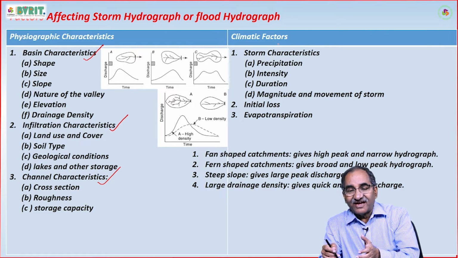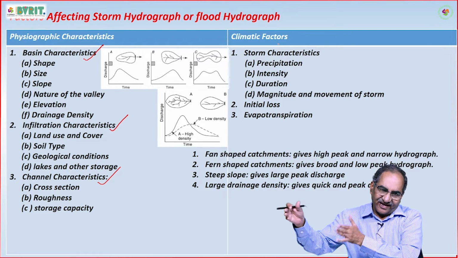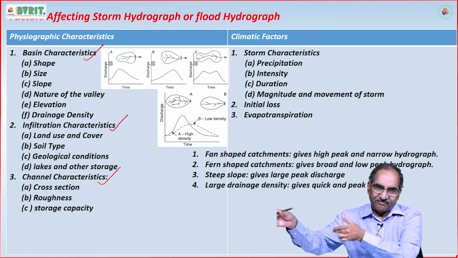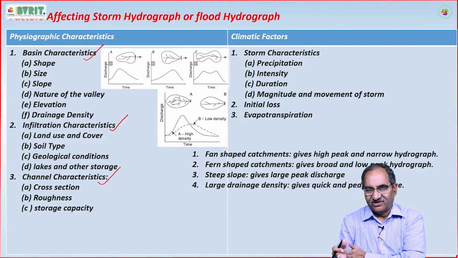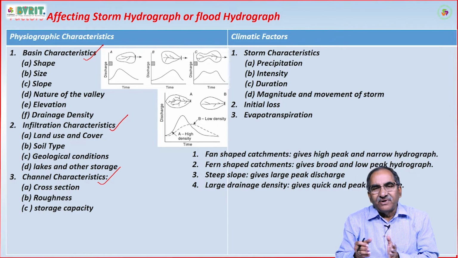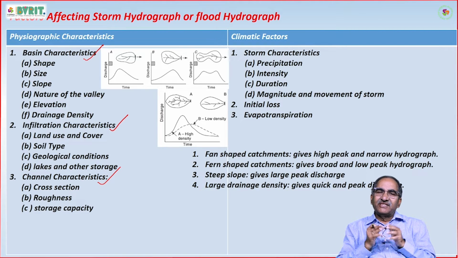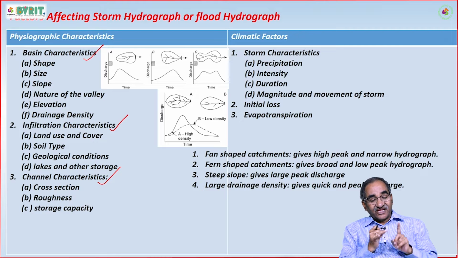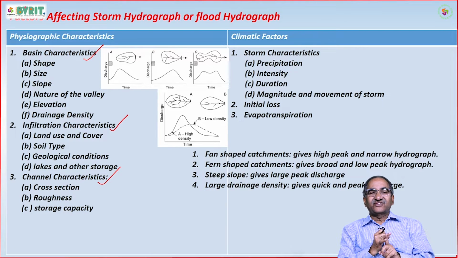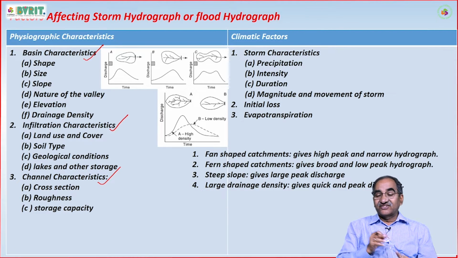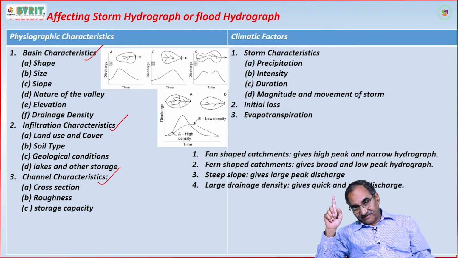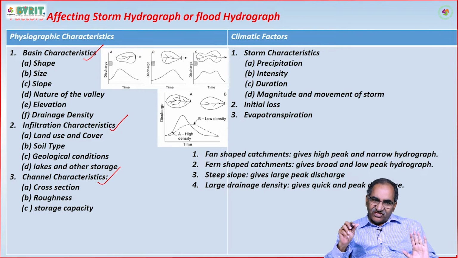The climatic factors are all related to rainfall, evaporation, and temperature. So kindly remember the main factors: first, basin characteristics; second, infiltration characteristics; third, channel characteristics; fourth, climatic characteristics. So these are the 4.